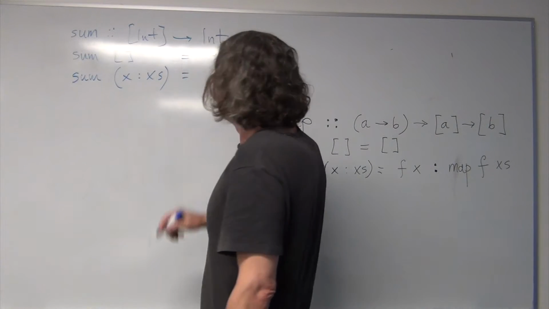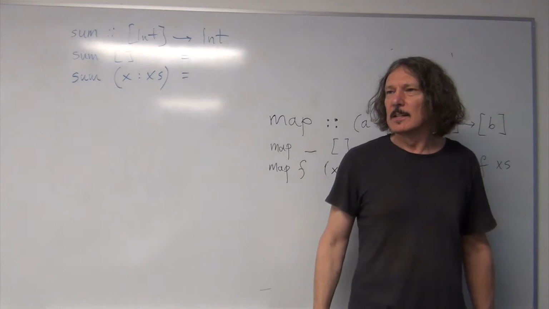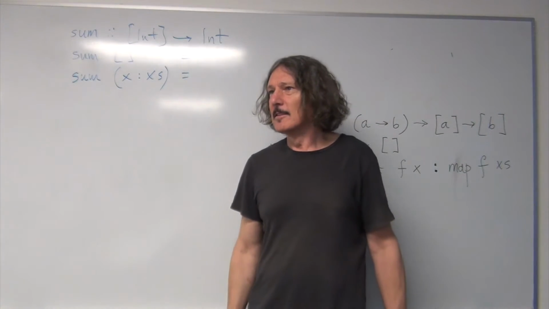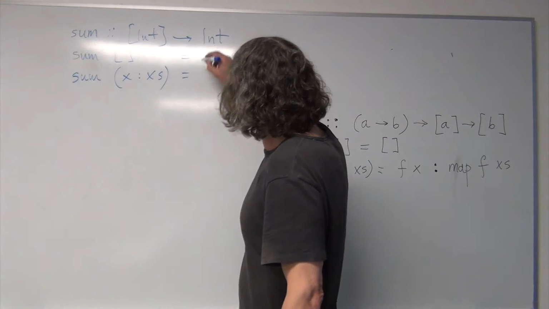Equals. Now what should we put as a sum of an empty list? Any ideas? 0, huh? 0. Makes sense. Default bit.